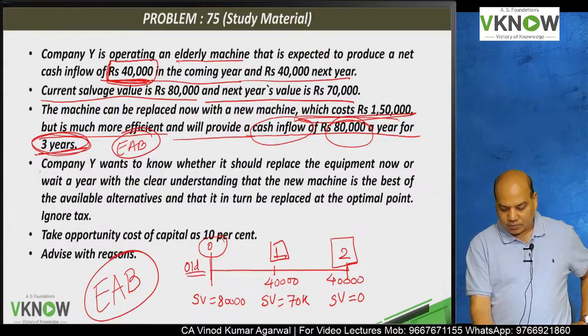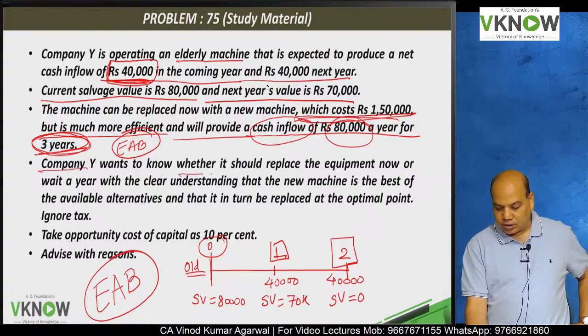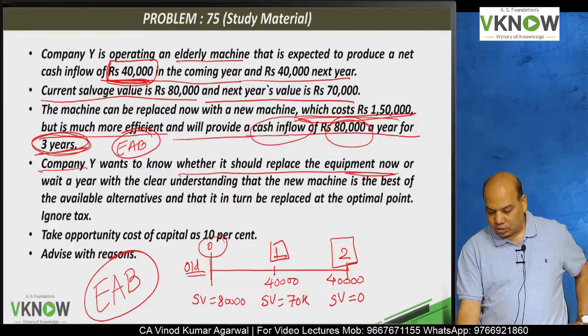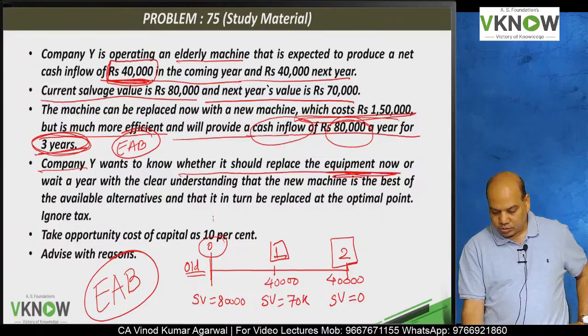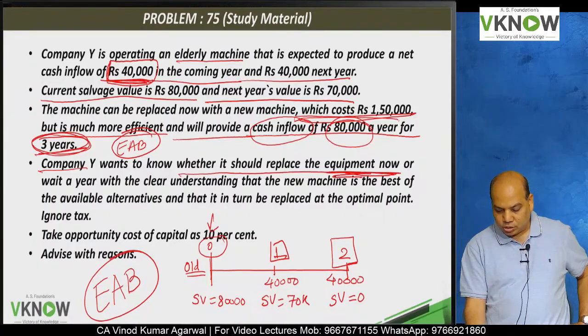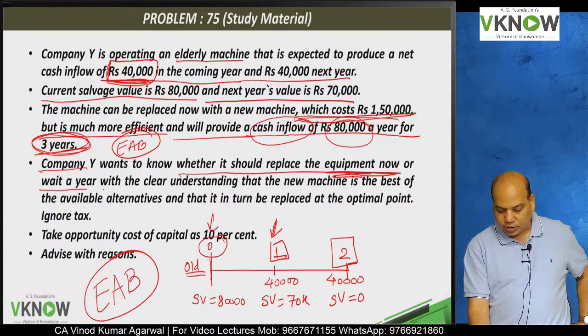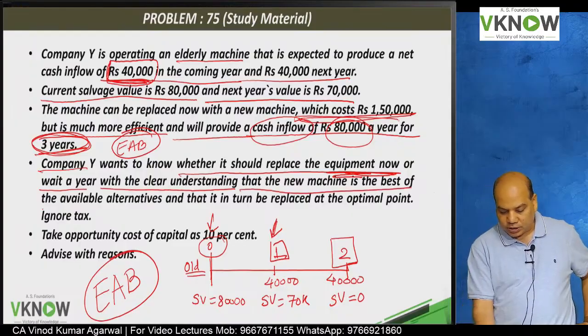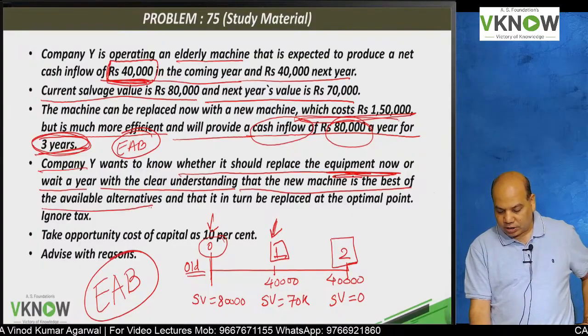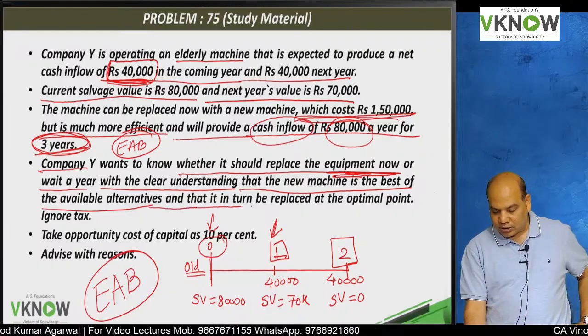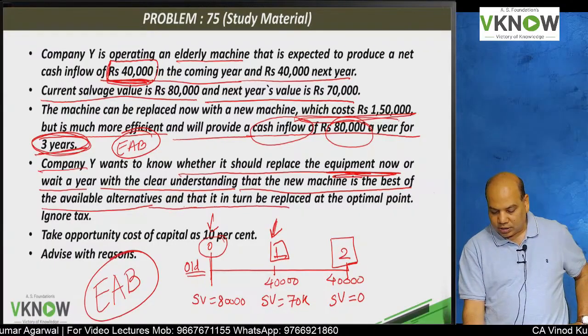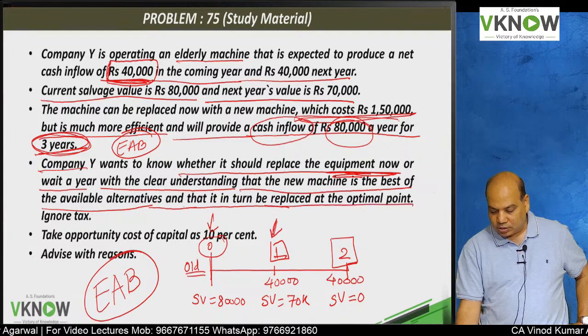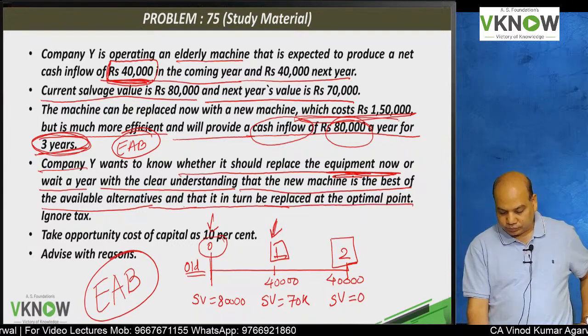First thing, company Y wants to know whether it should replace the equipment now, alternative 1, or wait a year, with the clear understanding that the new machine is the best of the available alternatives and that it in turn will be replaced at the optimal point.